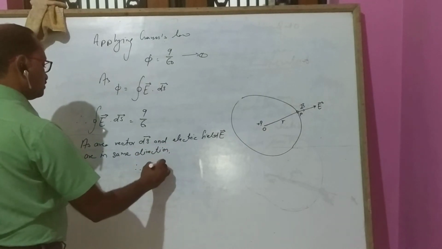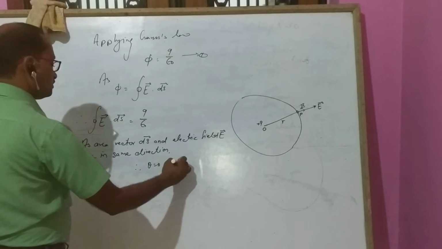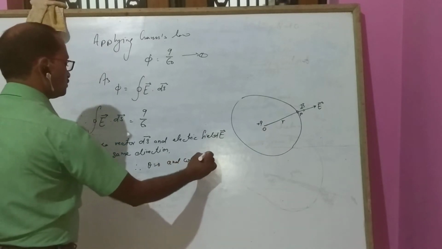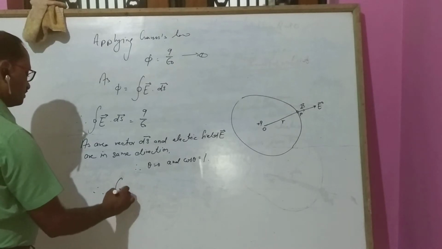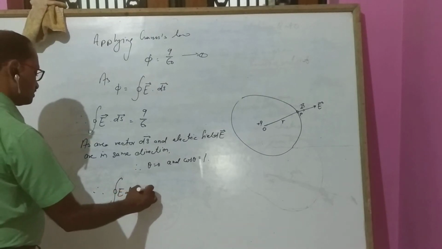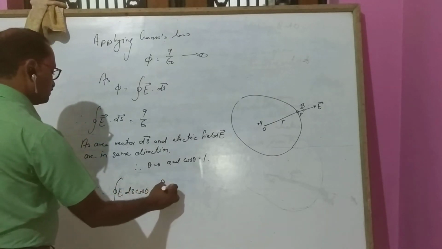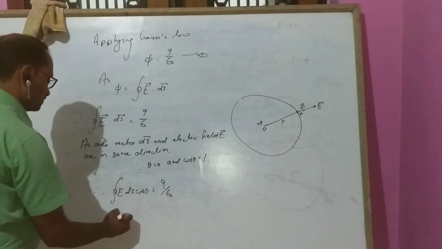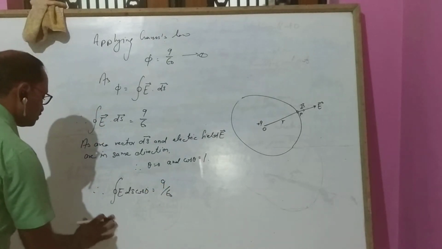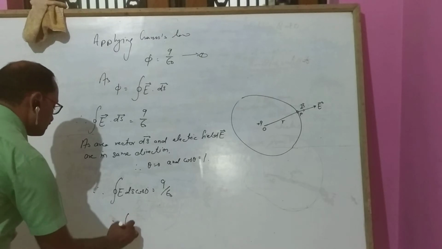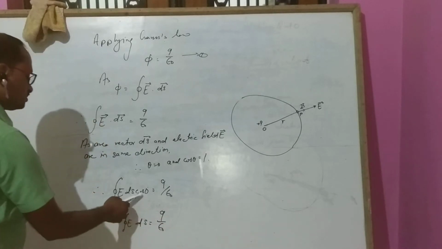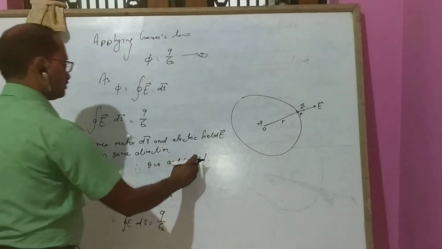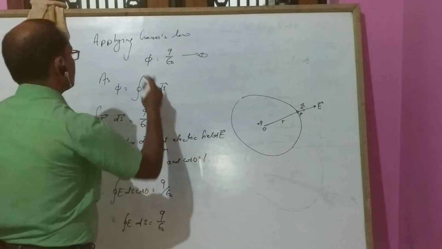Therefore, theta equals 0 and cos theta equals 1. Therefore, integration of E dS cos 0 equals E dS equals Q by epsilon naught, because cos 0 equals 1.